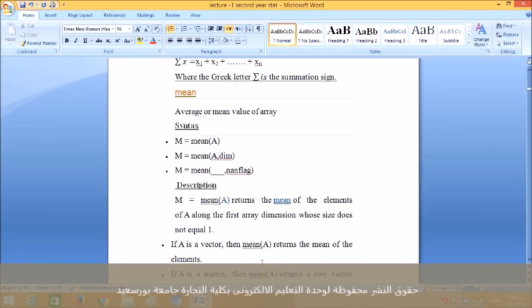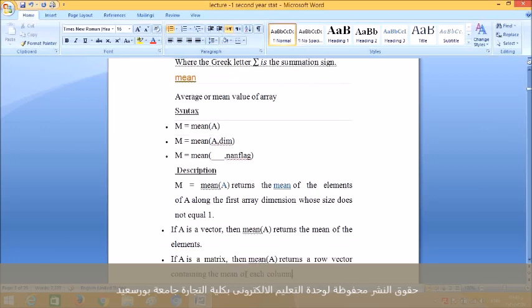Okay? So when the observations are given in row form, the mean is one measure, one number. But if A is a matrix, then mean returns a row vector containing the mean of each column.